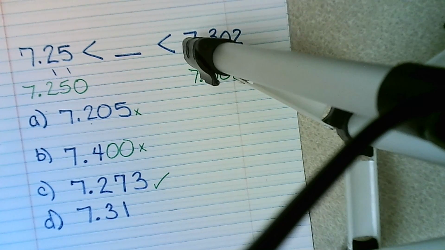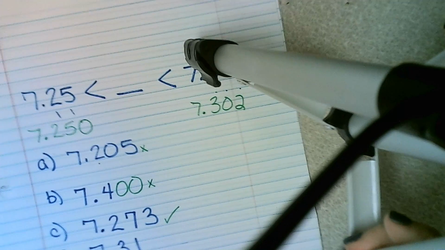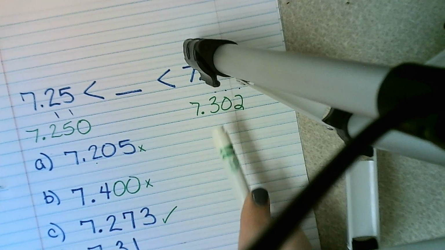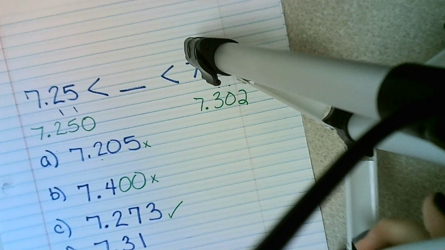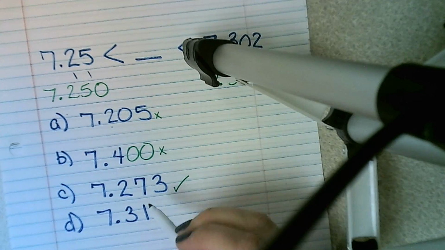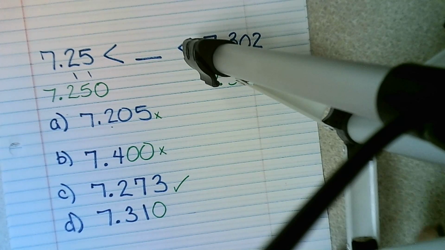Okay, so again, this one has 3, this one has 2 and I made it 3, this one has 3, and so I need to make my last choice have 3.